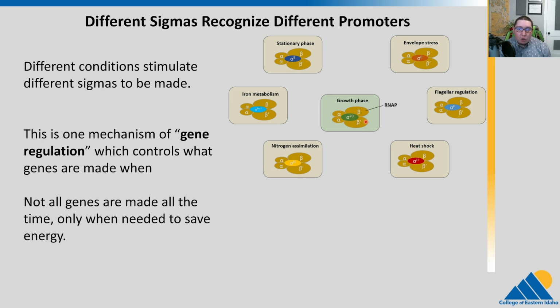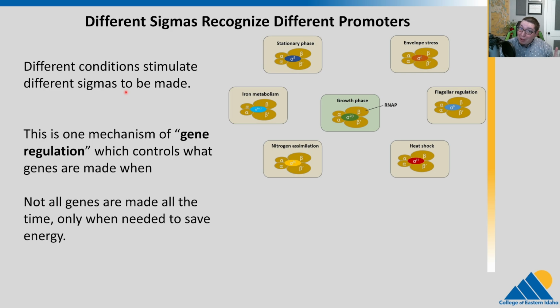There's a sigma factor that finds genes for division. If it needs to bring iron into the cell and metabolize it, there's a sigma factor for that. If there are too many bacteria around and the population needs to go into what we call stationary phase, where they slow down division, there's a sigma factor for that. So different conditions stimulate different sigma factors to be made.